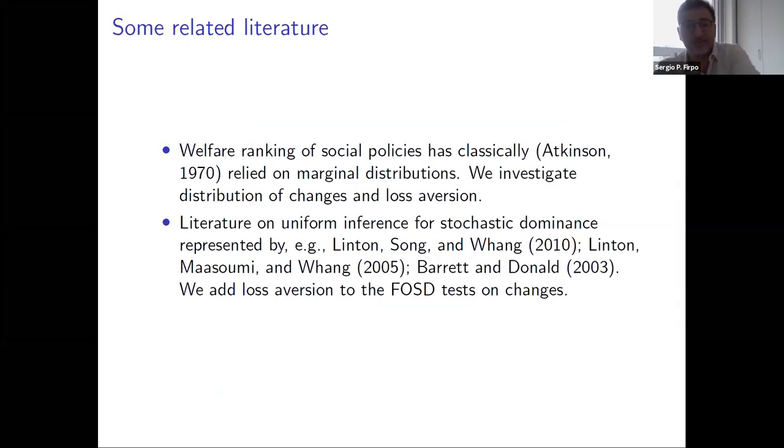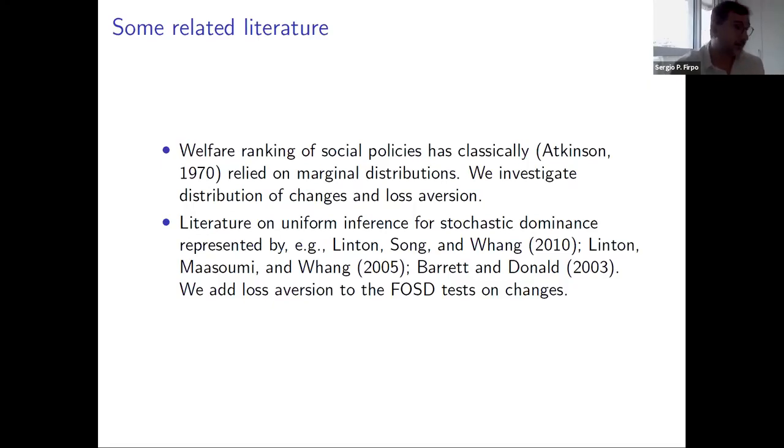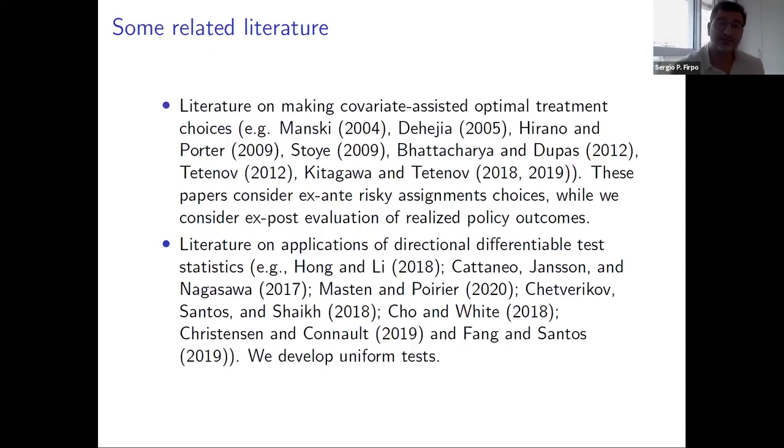Okay, so I was saying that this has a long tradition in this type of welfare literature. But also some people have tried to test for stochastic dominance statistically. So Linton has a bunch of papers on this. What we do is add this new criterion to those other tests. It's somehow related to the optimal treatment choice literature.